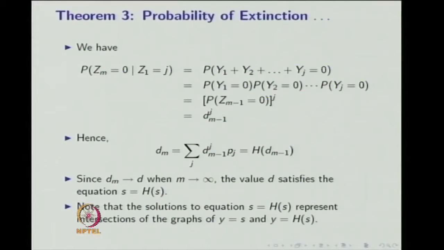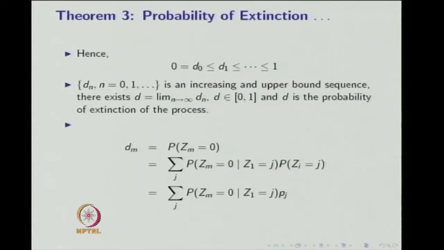That is same as the probability of Z_{m-1} equal to 0 whole power j. That is nothing but d_{m-1} power j. Hence, you can substitute this result in this equation. This conditional probability is nothing but d_{m-1} power j.